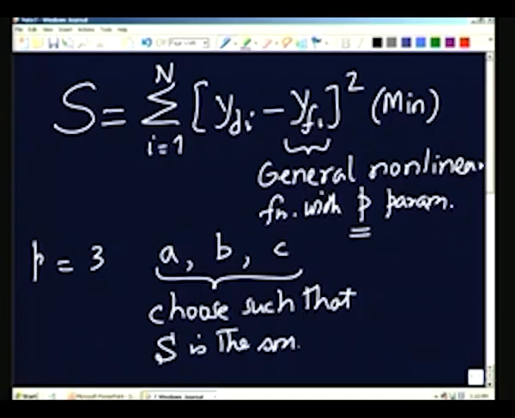So, before we proceed, let me look at this quantity here. Because it is a sum of squares, it is always positive. Okay?